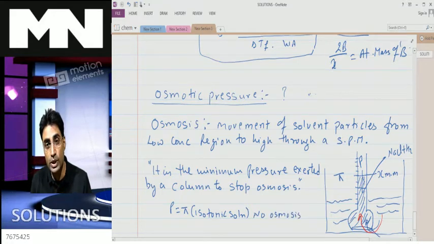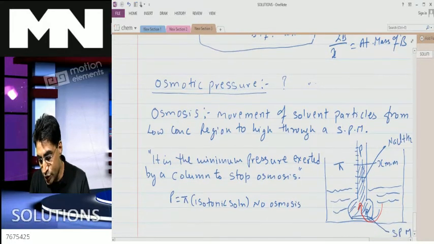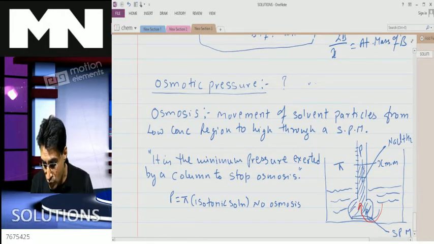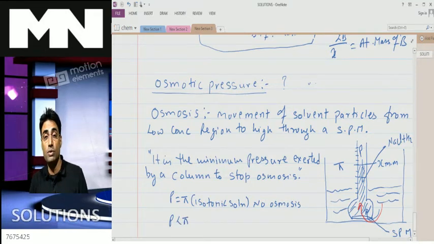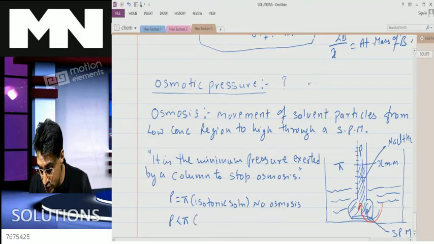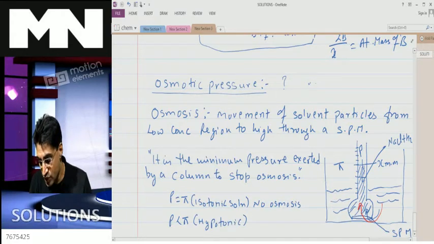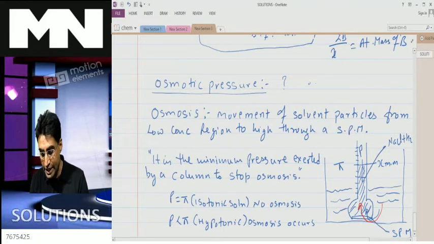In such a solution, no osmosis will occur. However, when the pressure of the column was lesser than osmotic, when P was lesser than pi, then osmosis was occurring. Such a solution is known as a hypotonic solution. In such a solution, osmosis will take place.